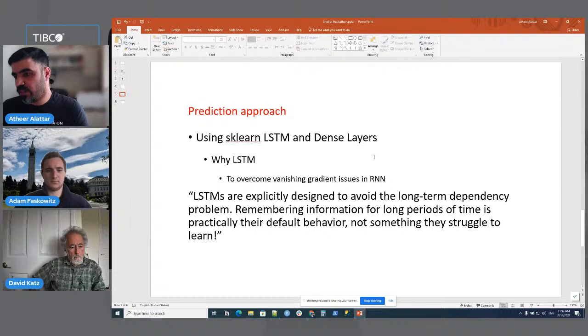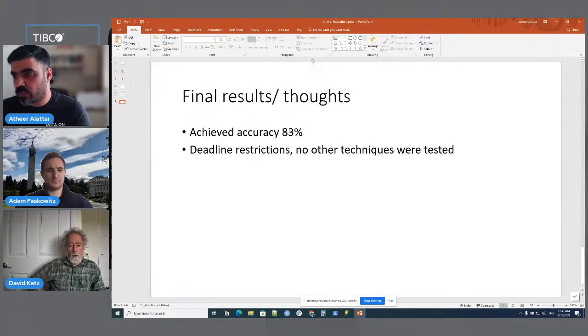The other feature of the LSTM is that it retains information over time, unlike a normal neural network.